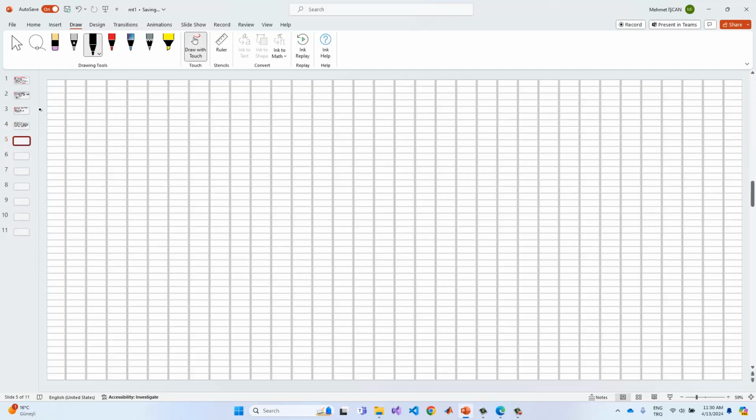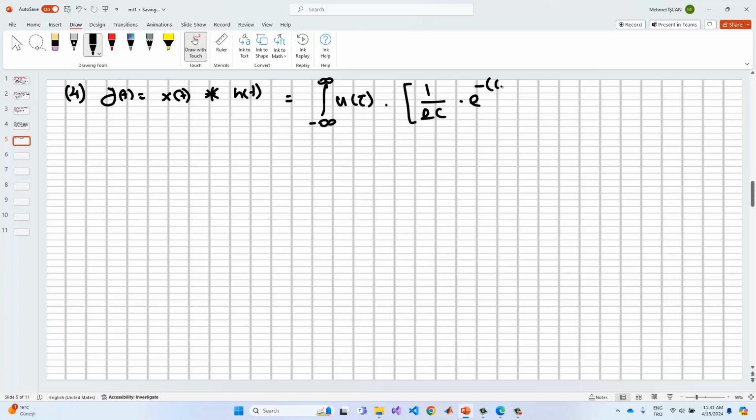Okay? And after that, y(t), the convolution x(t) star h(t), can be calculated with the integral from minus infinity to infinity of u(tau). This is the input value, the unit step function. And we can write 1 divided by RC times the exponential term of minus, in this case we have t minus tau in here, just remember that, and we take d tau in here.